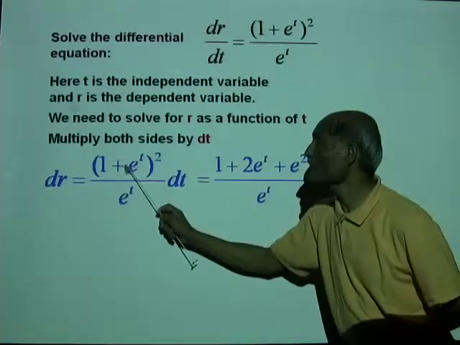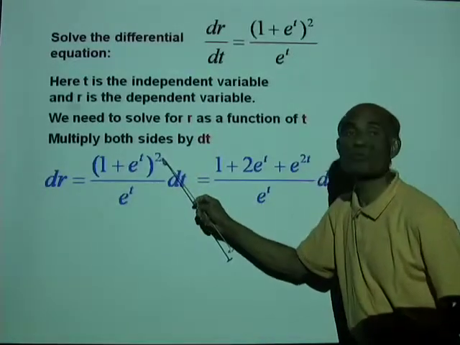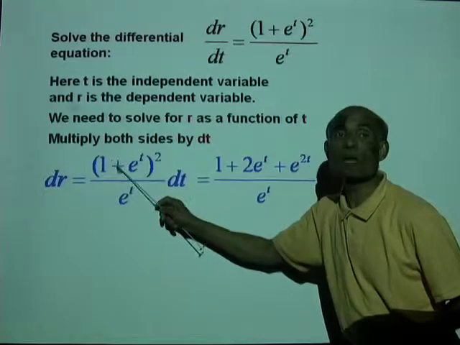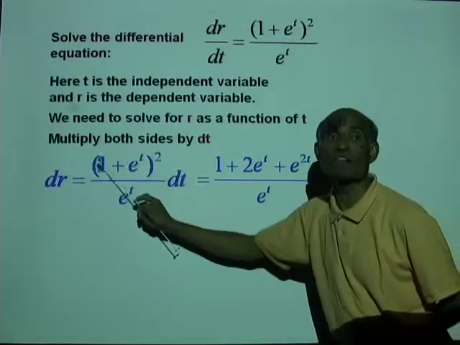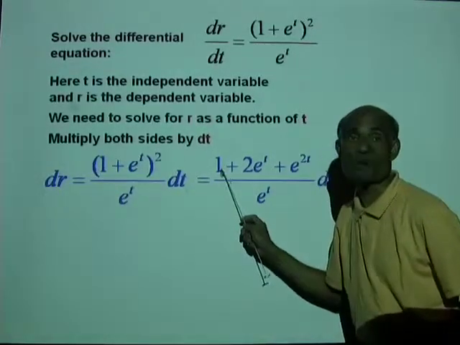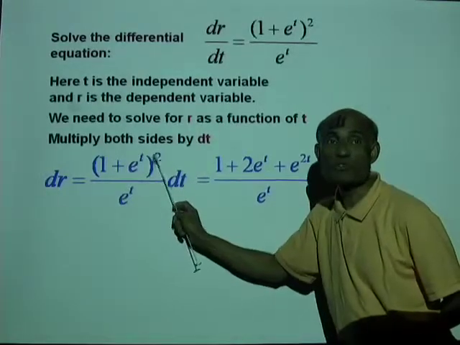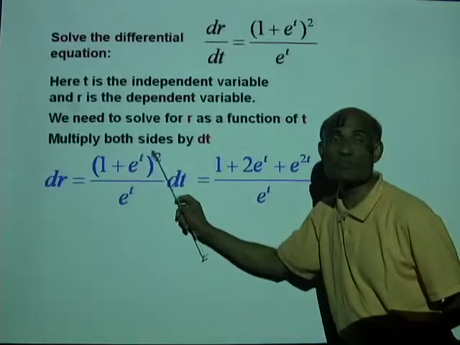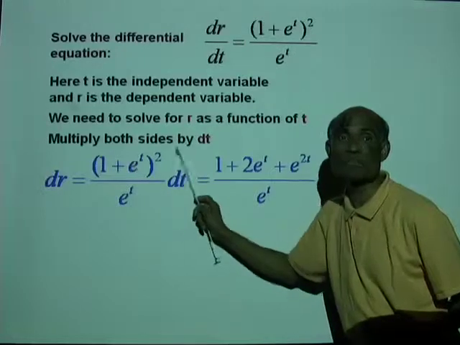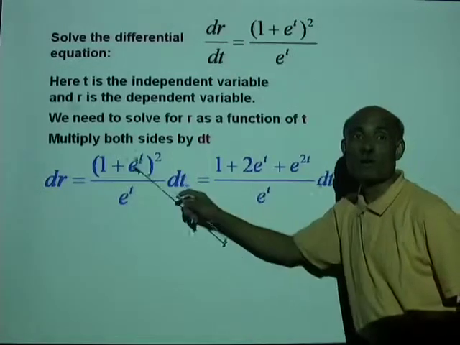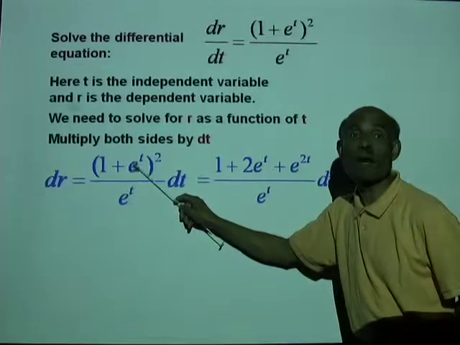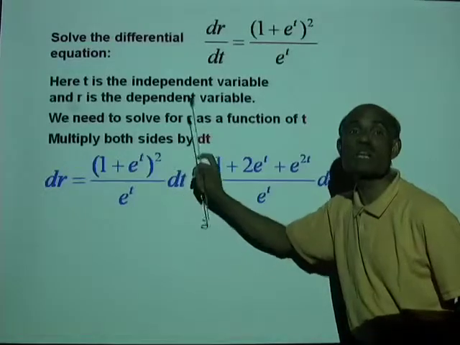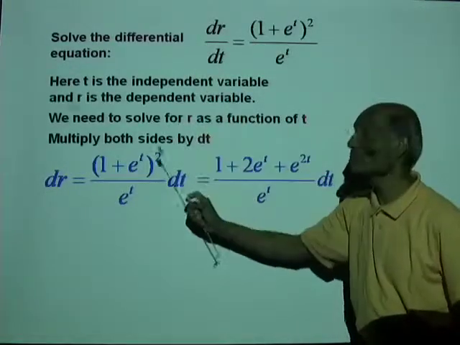What is 1 plus e to the power of t all to the power of 2? a plus b all squared is a squared, that is 1 squared, plus 2ab, 2 times 1 times e to the power of t, there you are, plus b squared, e to the power of t raised to the power of 2.